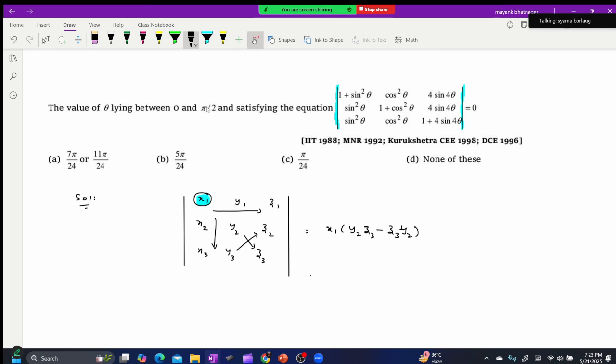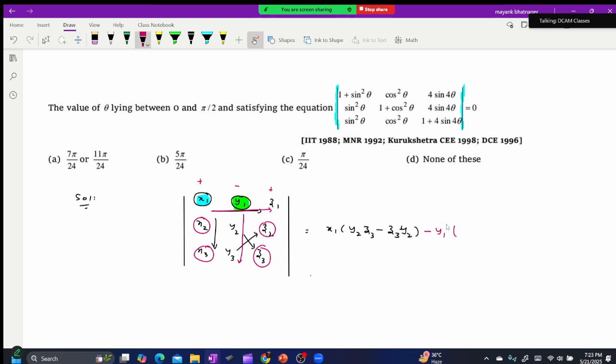You have to close it, sir. You have to close it. Now, if you are taking again y1, what you have to do is remove its row and its column. Now, what will be left? x2, z2, x3 and z3. But here you have to be careful. You have to take minus, because this is positive sign, this is minus sign, this is positive sign. So minus y1, but I can explain up to that level why this is negative, why that is positive, and there are other properties also.